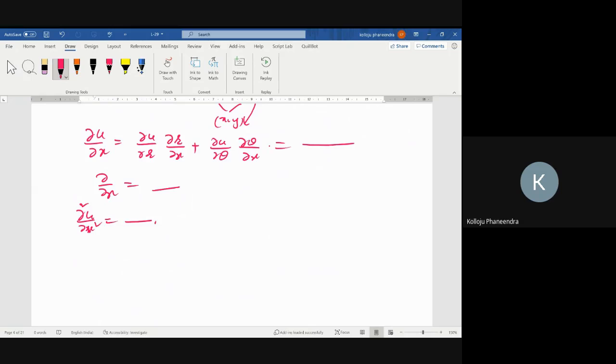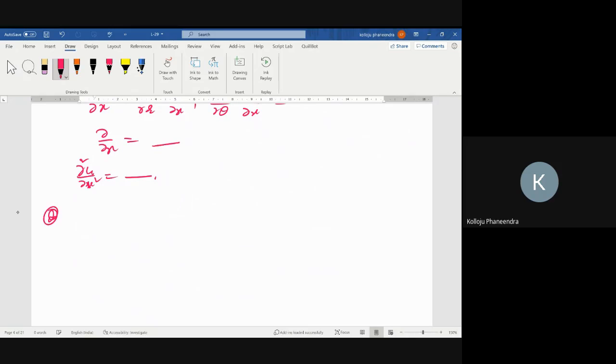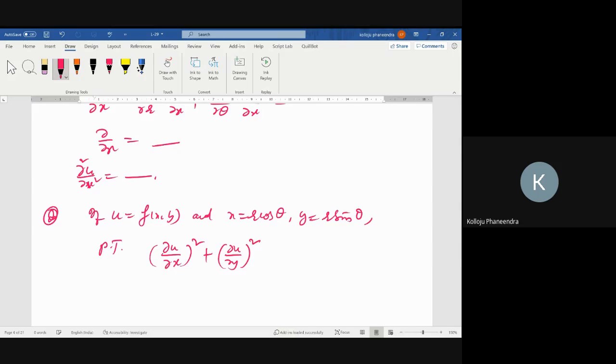Take this one also as assignment. I think I did this problem. No. If u equal to f of x comma y and x equal to r cos theta, y equal to r sin theta, prove that (∂u/∂x)² plus (∂u/∂y)² equal to (∂u/∂r)² plus 1 by r² of (∂u/∂theta)².